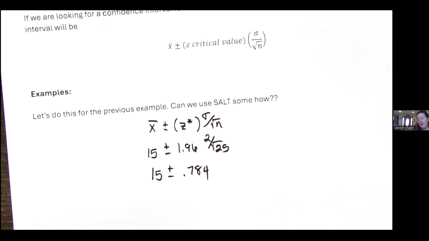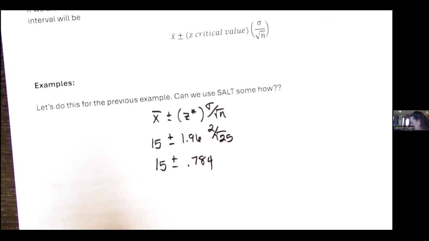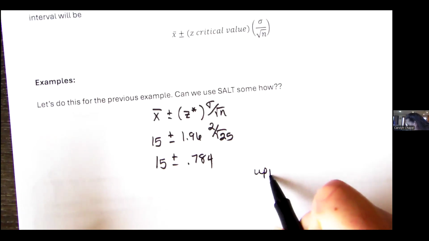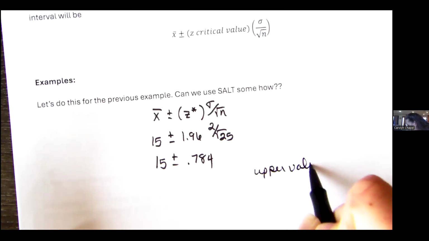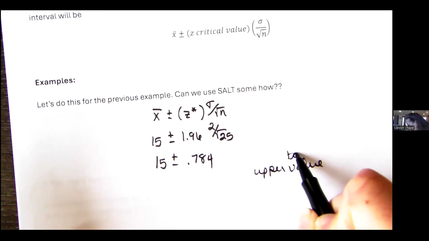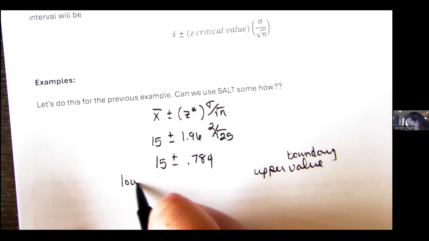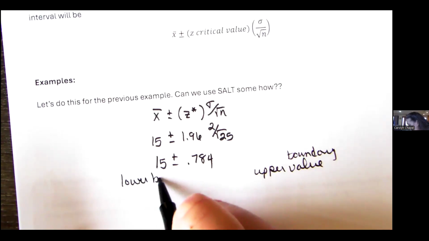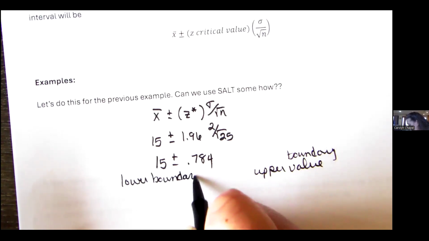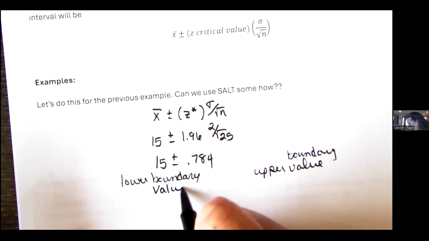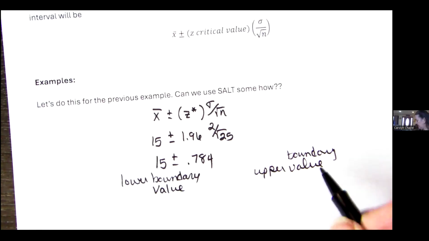So then I'm going to get an upper value and a lower value. So I'm going to put my upper one, upper value, or upper boundary if you want to call it that. And my lower one, I'll put that down at the bottom. Or lower value. So the upper is going to be gotten when I do the addition.